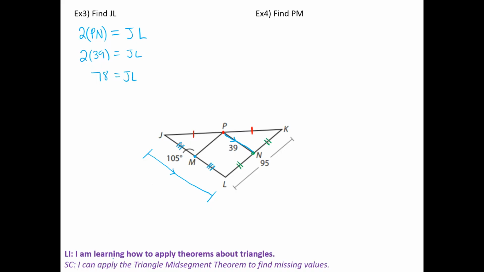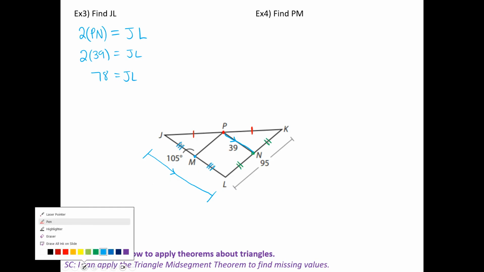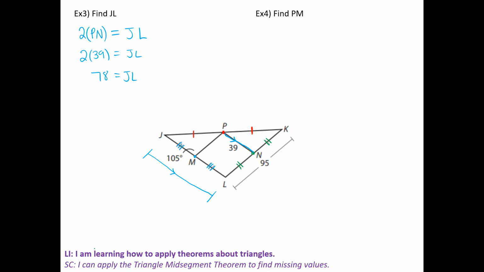Well, the next one here for PM, looking at my picture, it looks like I'm probably going to need green, because I see PM is here and it is a mid-segment connecting midpoints, and it is parallel then to this other side over here, LK.